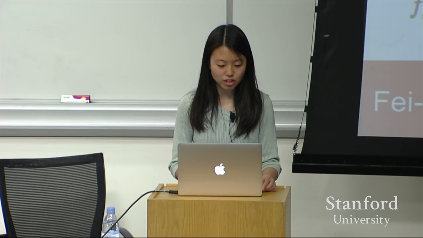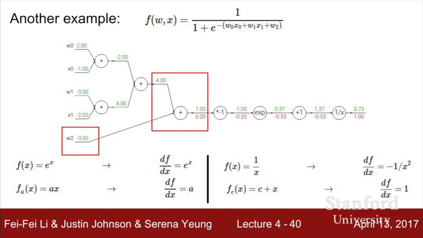OK, now we've reached an addition node, and we have these two branches both connected to it. What's the upstream gradient here? It's going to be 0.2, just as everything else.